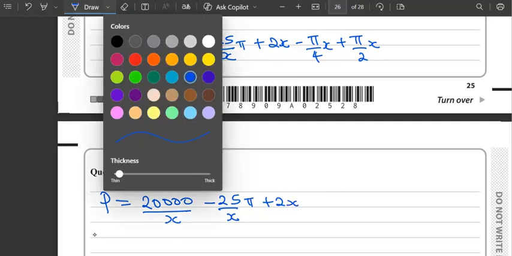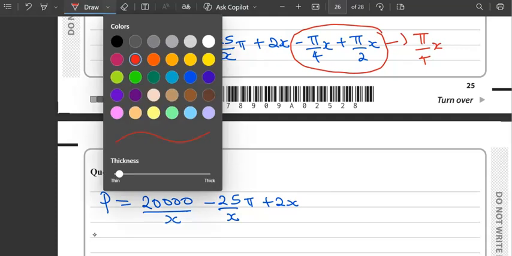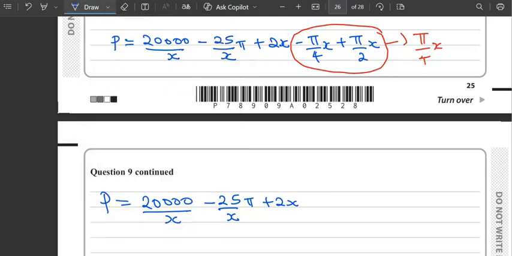Of course, if you look at these two, we've already simplified these two, and this one gives you pi over 4x. So this is what we'll replace here. So this one will be plus pi over 4x.